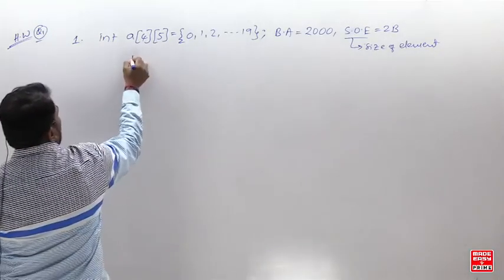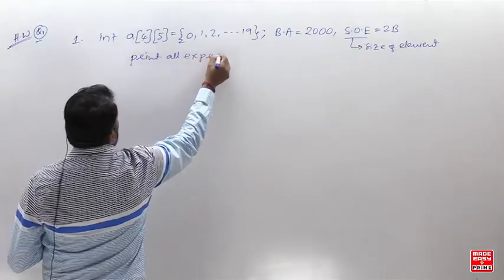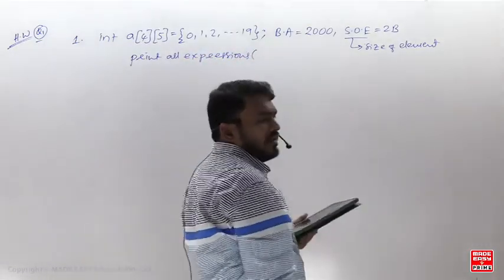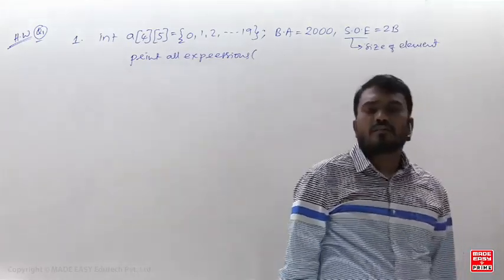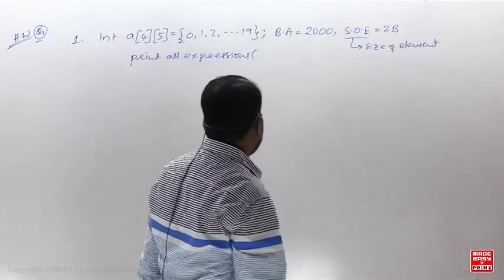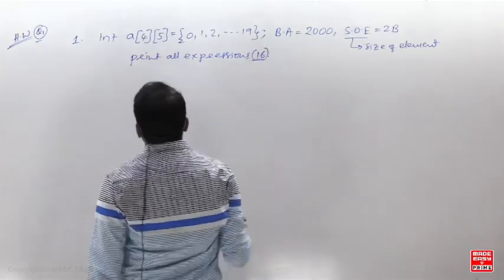First, print all the expressions. In yesterday's class, how many expressions did we have? I think around 15 or 16 expressions. So you need to make the same diagram and print all 16 expressions.